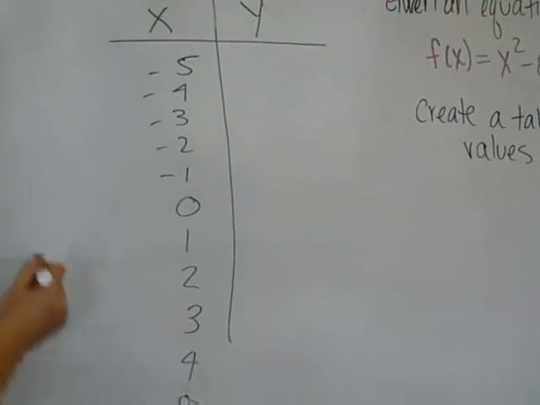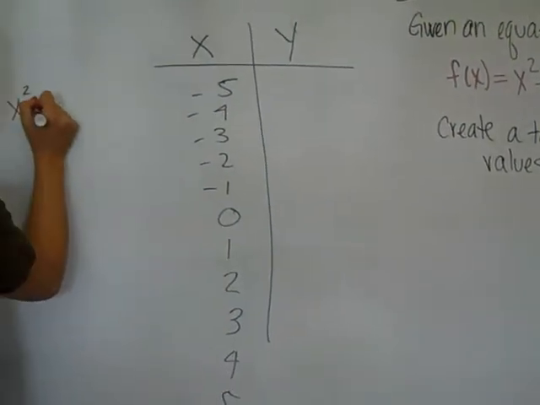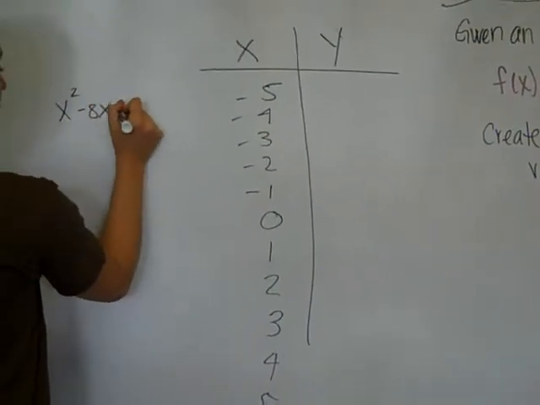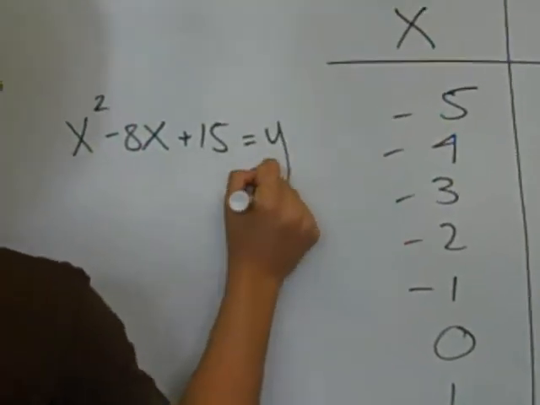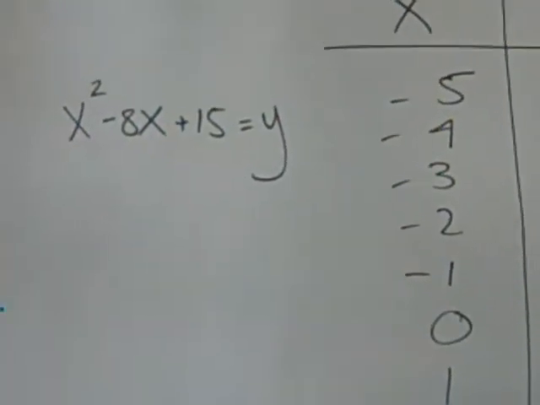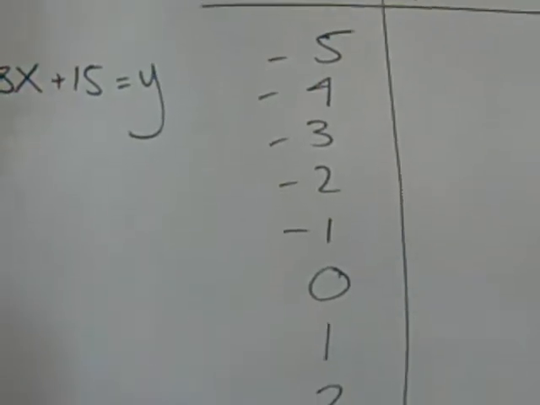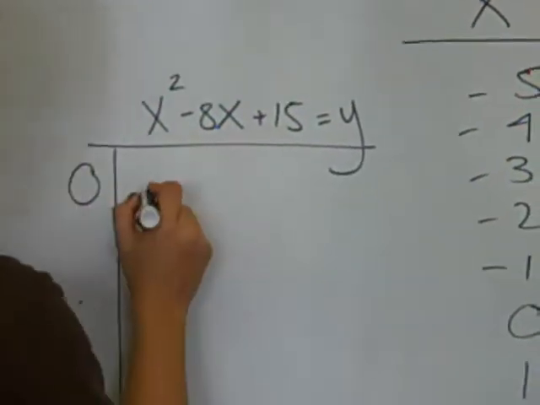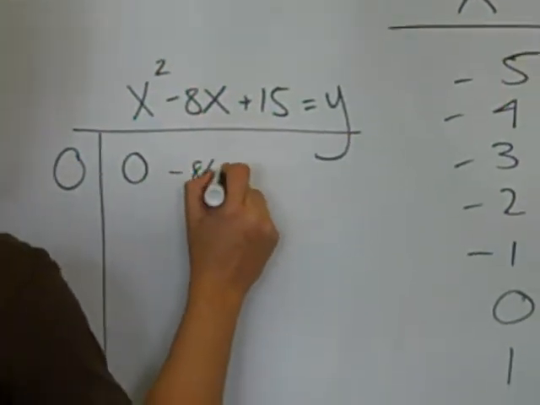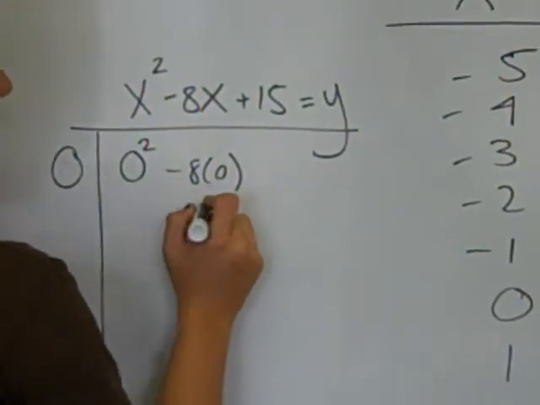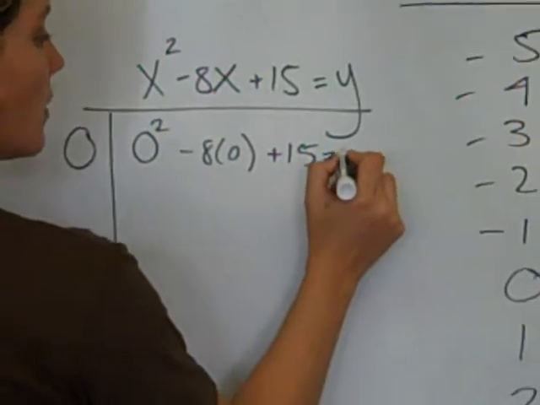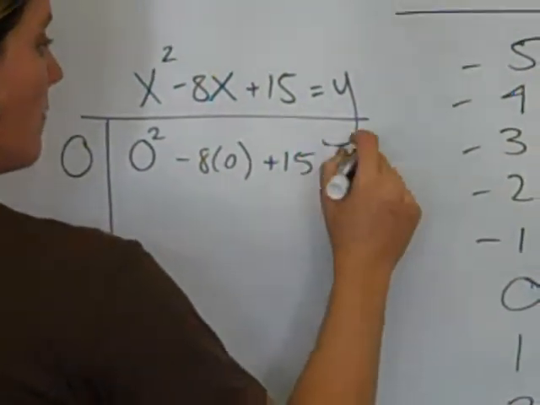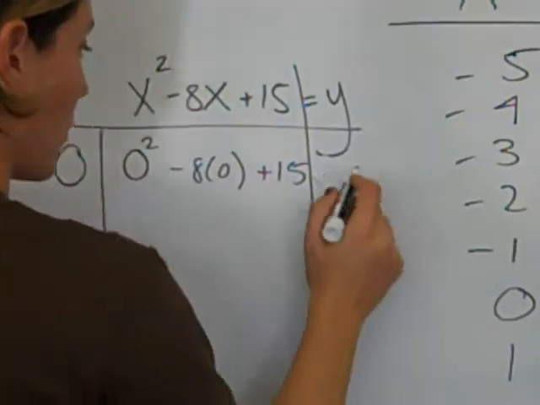So given my equation, x squared minus 8x plus 15 equals y, I'm just going to start plugging in points. So take 0. We're going to have 0 squared minus 8 times 0 plus 15 equals y.